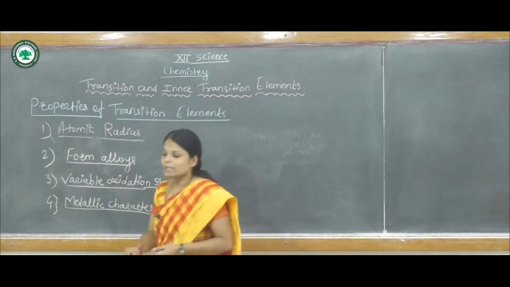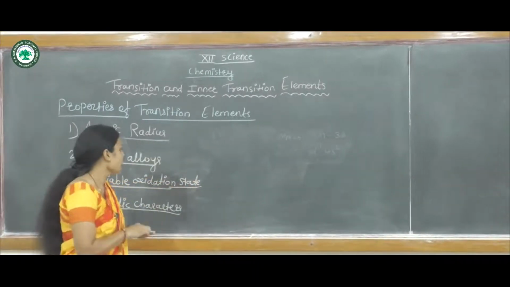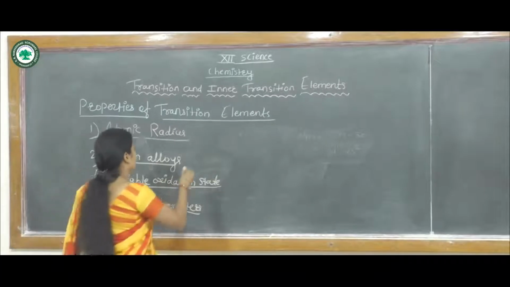The next property is high melting point and boiling point. The fifth property of the transition elements is high melting point and boiling point. Why can the transition elements show a high melting point and boiling point?